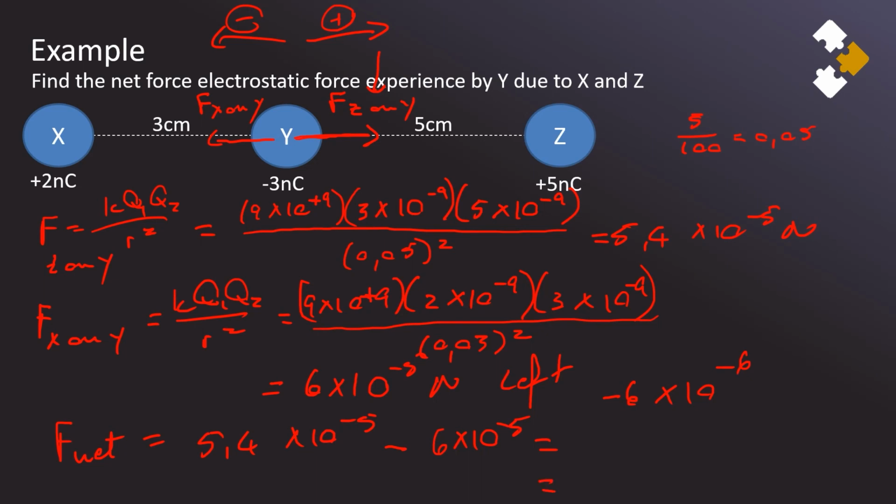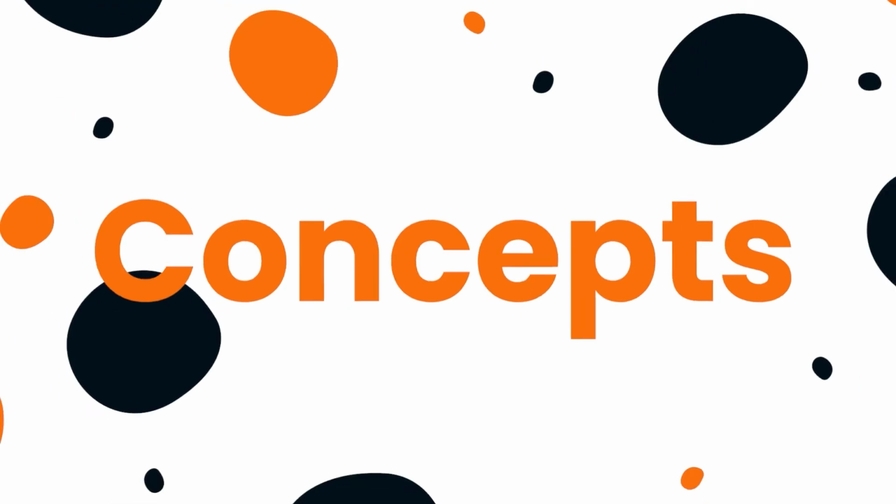So here this negative 6 times 10 to the negative 6 is the same as 6 times 10 to the negative 6 towards the left. Okay, so this thing is going to be experiencing a net electrostatic force of 6 times 10 to the negative 6 newtons towards the left. Okay, cool.